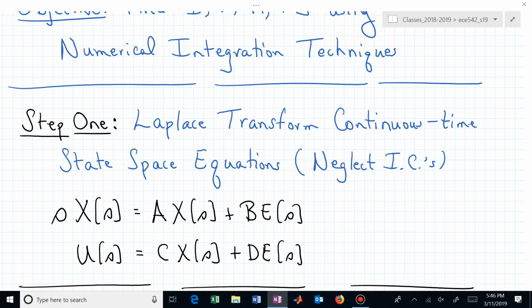We have our state vector's Laplace transform, capital X of S. We have the Laplace transform of our input, which is capital E of S, and we have the Laplace transform of our output, U of S. The last equation is really just our output equation, and that's not dynamic in nature, and now we can simply capitalize those time domain variables that were in that linear equation, or that static equation, giving us our output relationship in the state space representation.